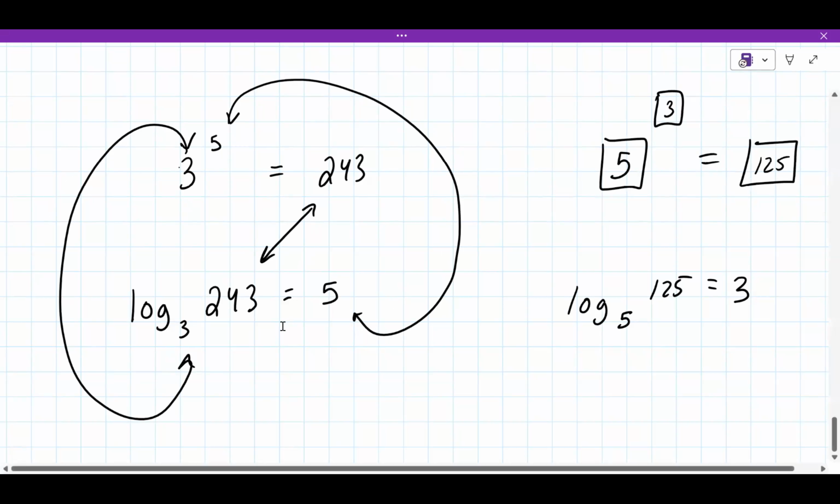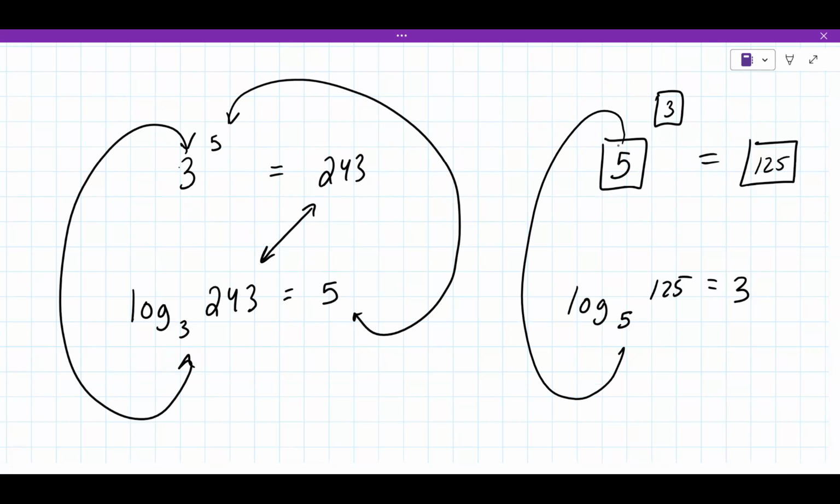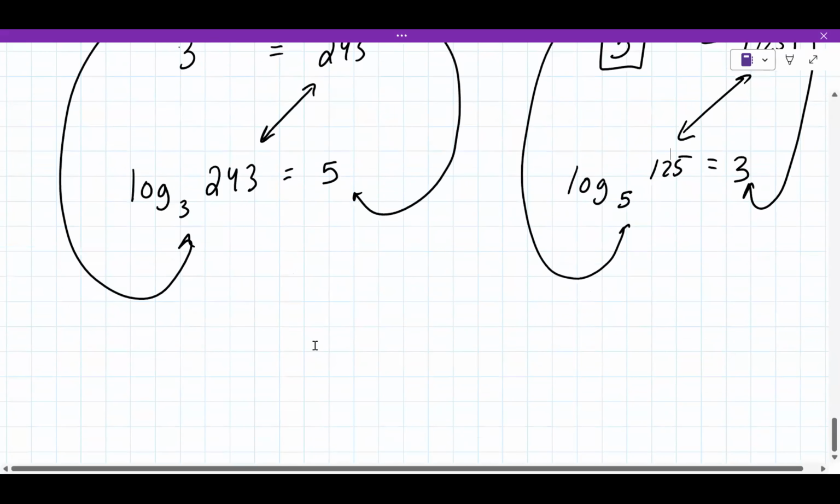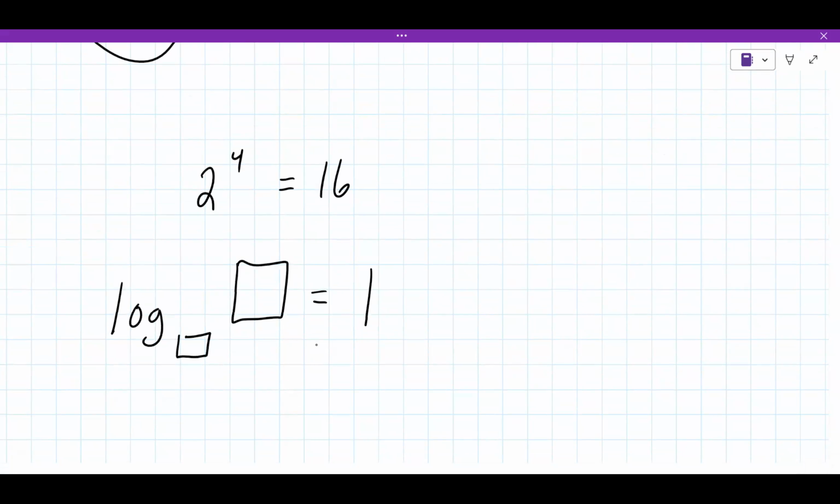Okay. So now you also have to be able to go the other direction, right? If I give you the exponent form, the one on the top, you have to be able to write the log form. So let's do an example here. Let's say it's 2 to the 4th equals 16. There's a base, there's a thing you're taking the log of, and it equals something.